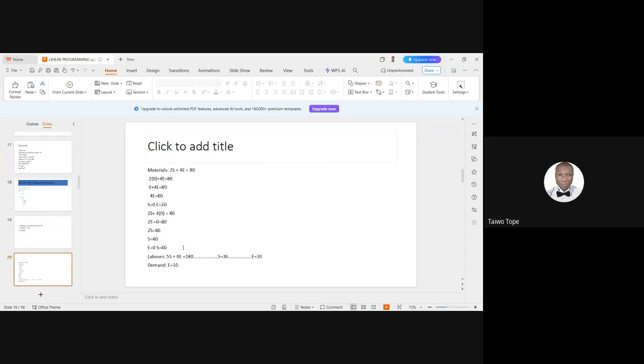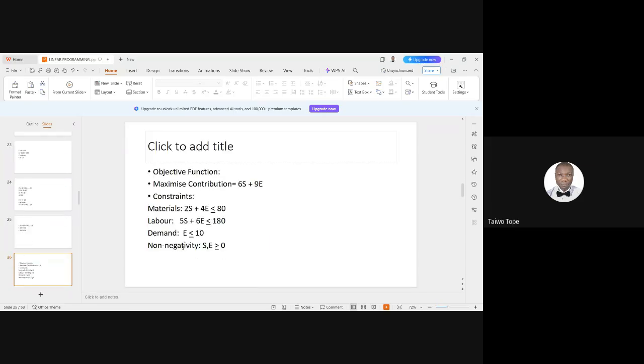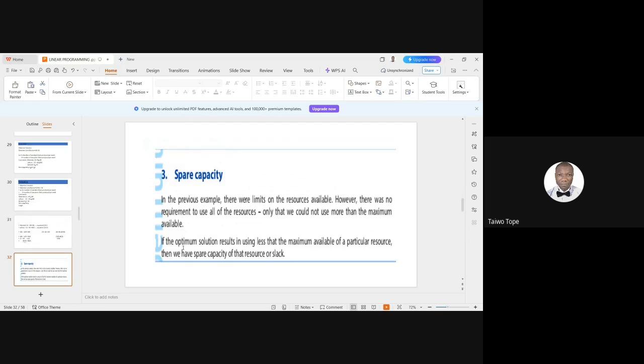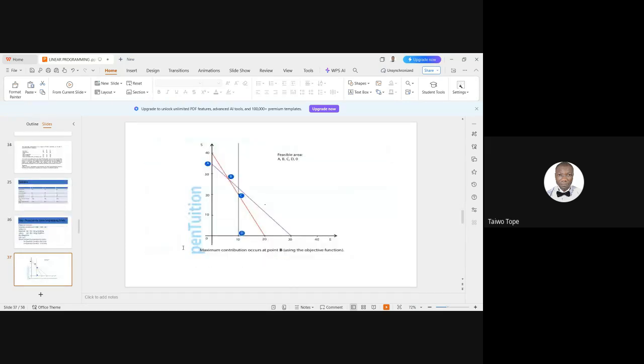I should have a graph here. So this is how the graph is supposed to look. I'm looking at the ones on the group. So you can see the standard, the executive.